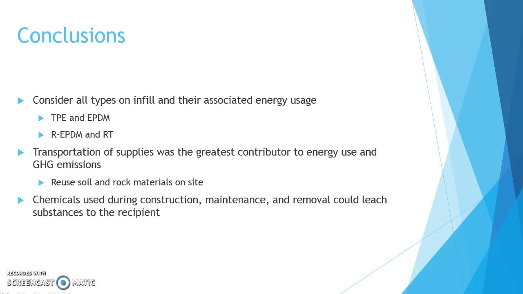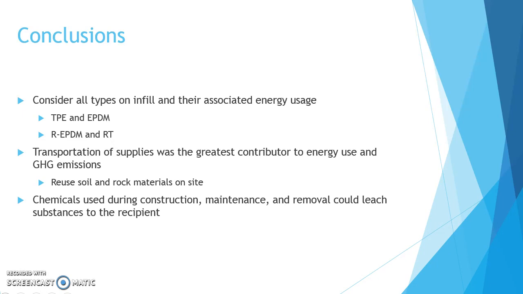They concluded that transportation of supplies was the greatest contributor to energy usage and greenhouse gas emissions. Like we talked about before, that is the transportation of soil and rocks to the offsite location to be disposed of, reused, whatever the contractor has decided, as opposed to reusing that soil and rock material on site when they had to re-level or seal off the specific layers.